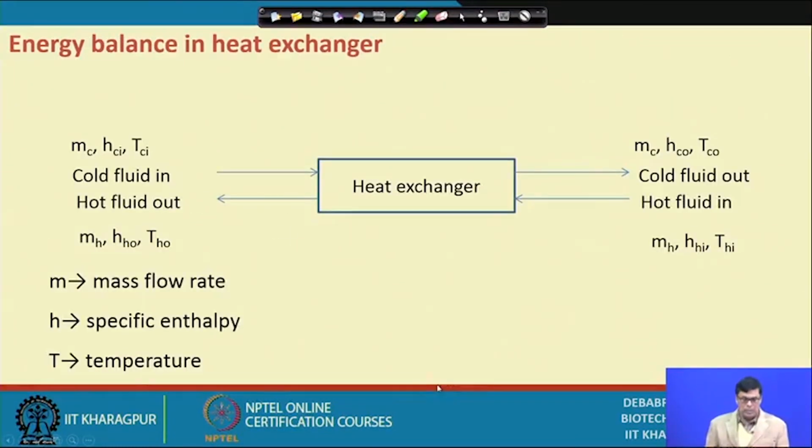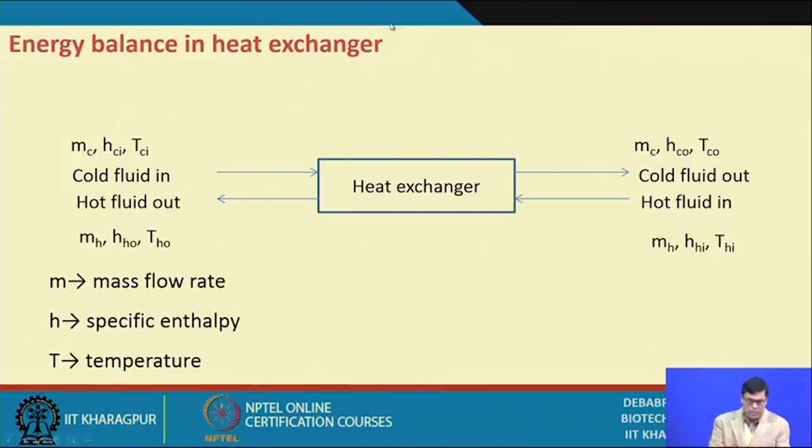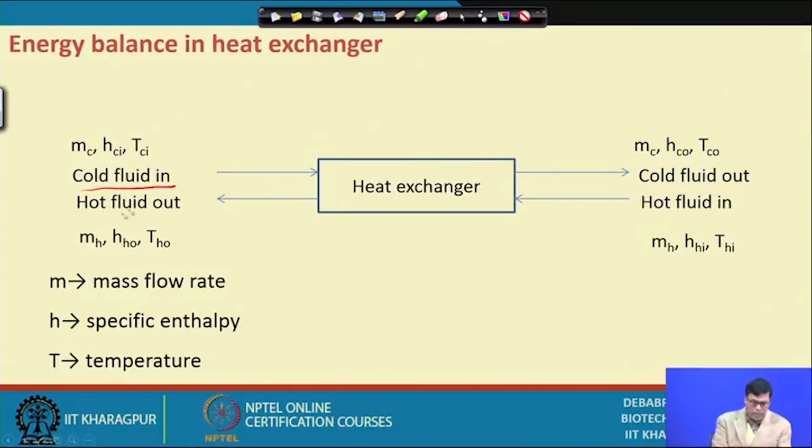So, this is the kind of energy balance in the heat exchanger. You can see the cold fluid in and the hot fluid out, and this is the heat exchanger, with cold fluid out and hot fluid in. Here I can explain a little bit.